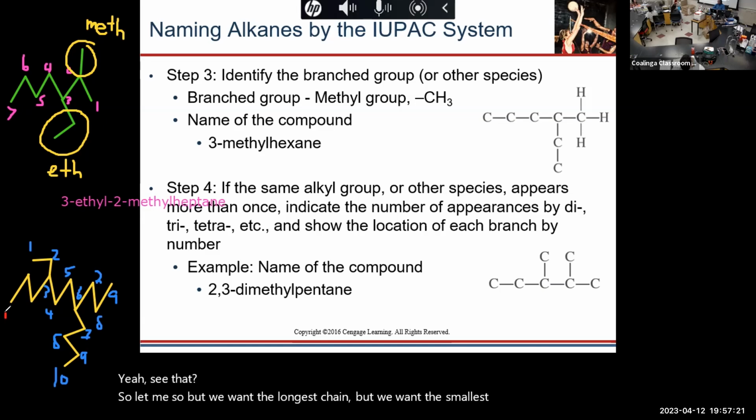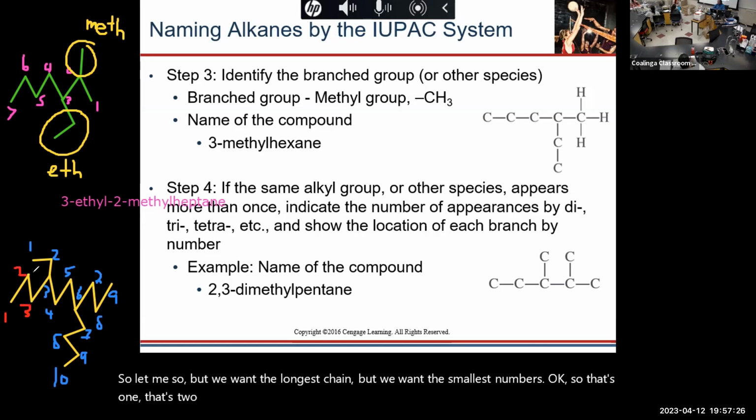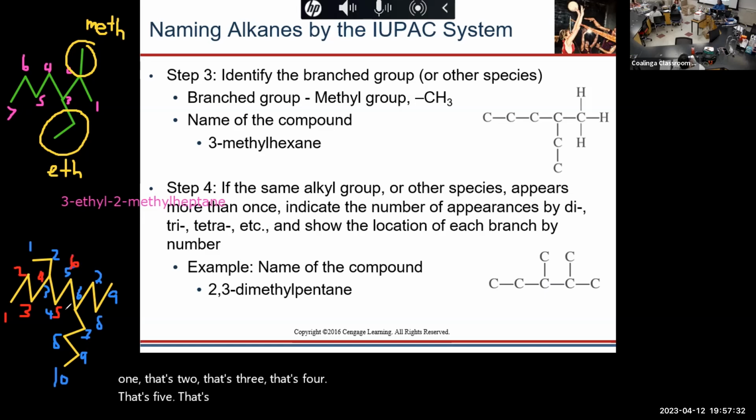Okay, so that's 1, that's 2, that's 3, that's 4, that's 5, that's 6, that's 7, that's 8, 9, 10, 11. Okay, so that means that we have something on the 4 and we have something on the 7.